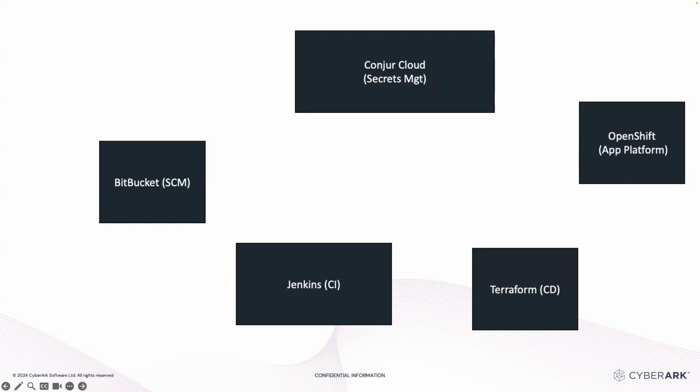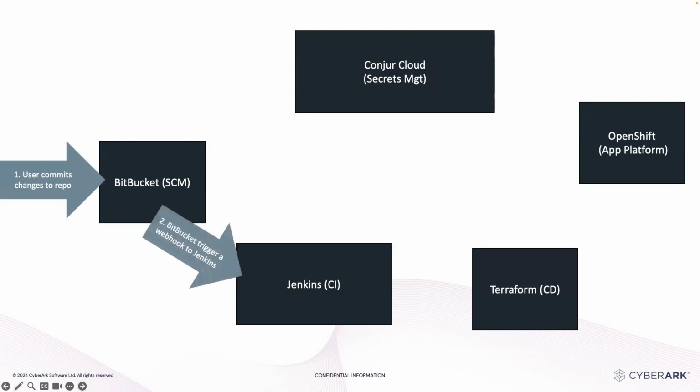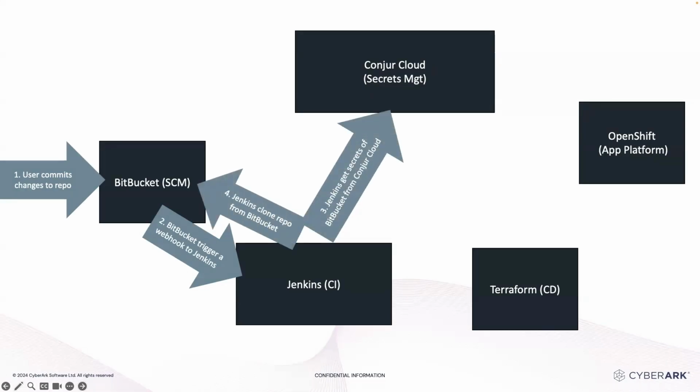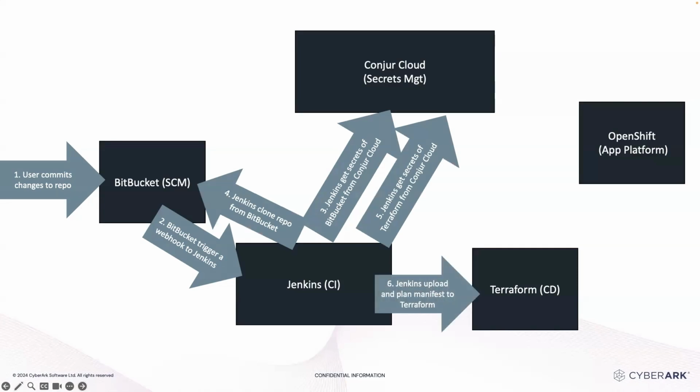This is how this entire pipeline is going to look. We are going to make some changes on the Bitbucket. There we will see Bitbucket is going to trigger a webhook to Jenkins. Jenkins is going to pull the Bitbucket credential from Conjur. It will connect and clone the repo. As a subsequent step, Jenkins is going to grab the Terraform token from Conjur, and then using the same token, it will connect to Terraform and upload and plan the manifest.